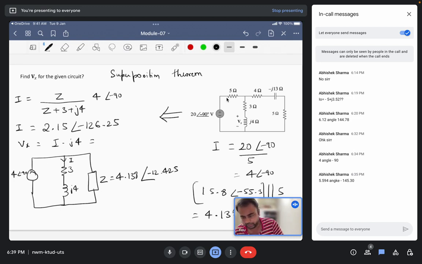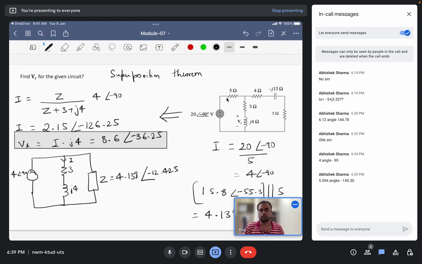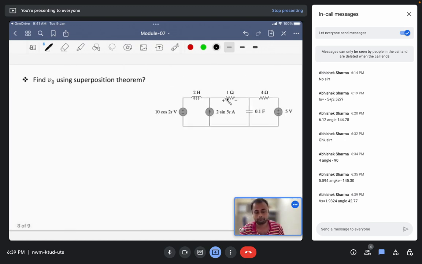So this is 8.6 angle minus 36.25. So this is the voltage drop across the resistor. So this much voltage, in volts, is the resistor drop. Okay, let us move to the next problem here.